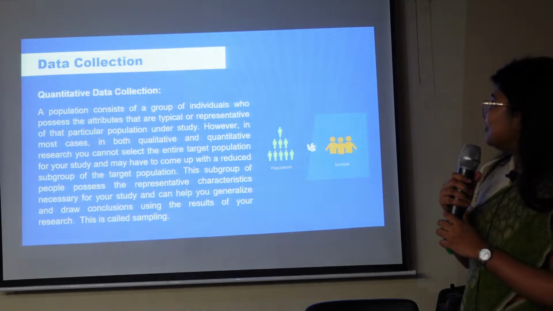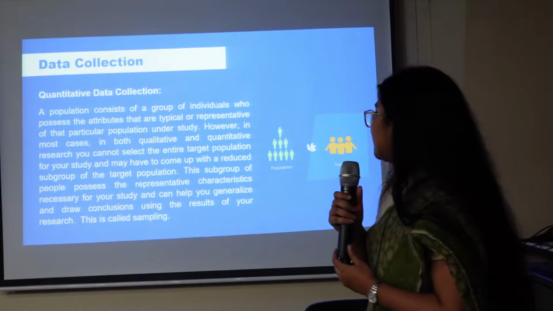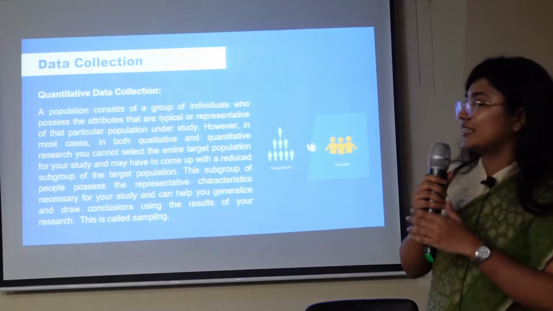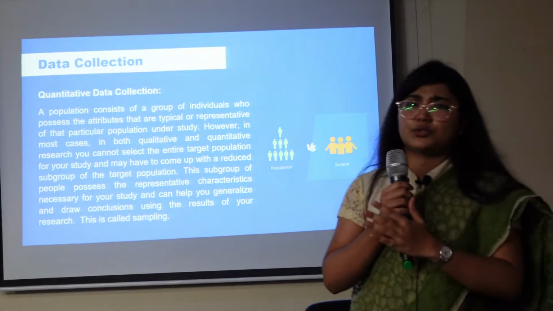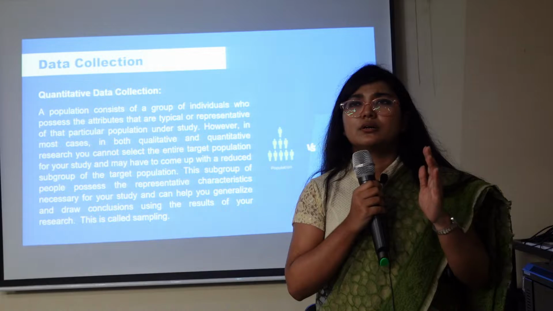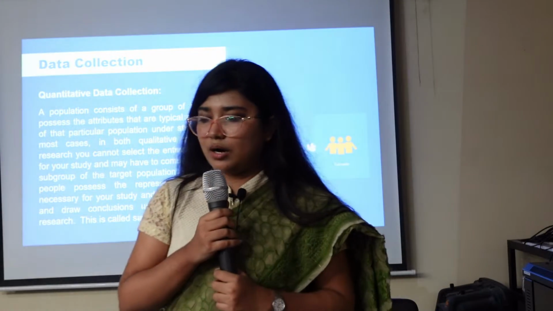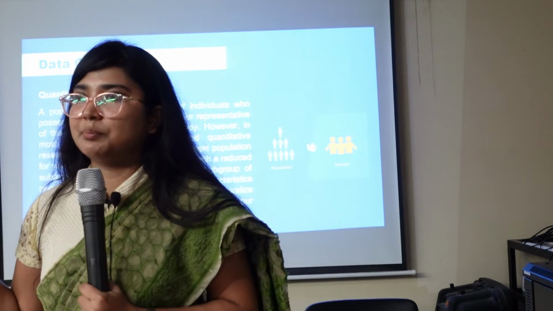Anyway, this subgroup of people possesses the representative characteristics necessary for your study and can help you generalize and draw conclusions using the results of your research. So, I was just reading out from the slide, but let me tell you what subgroup of population means. The subgroup of population would be our sample.